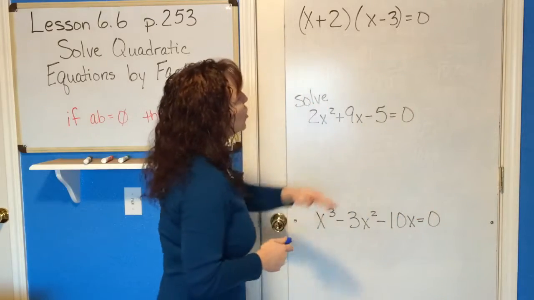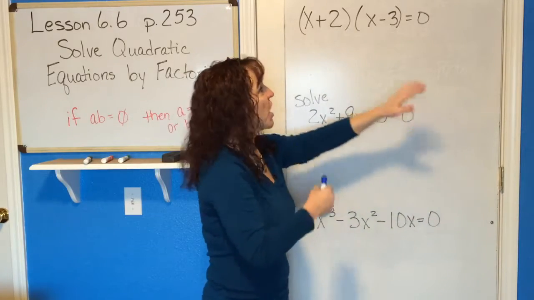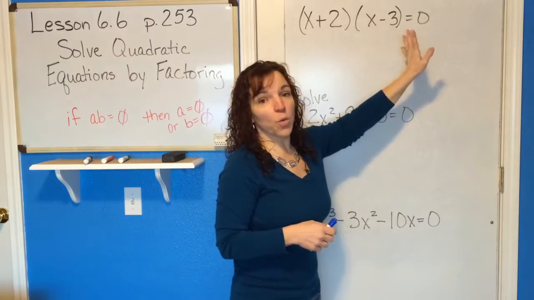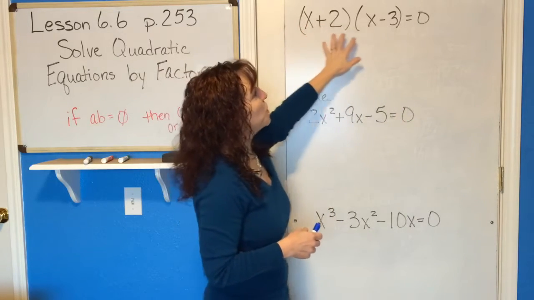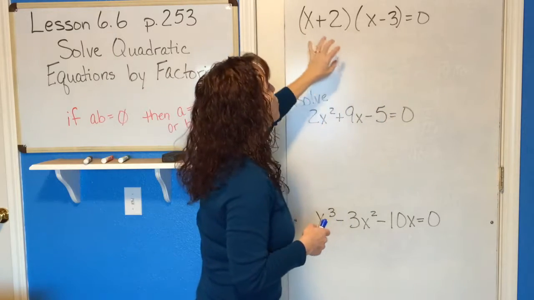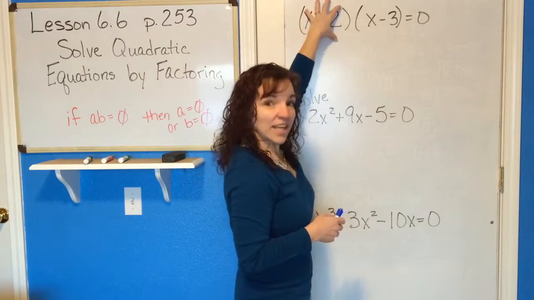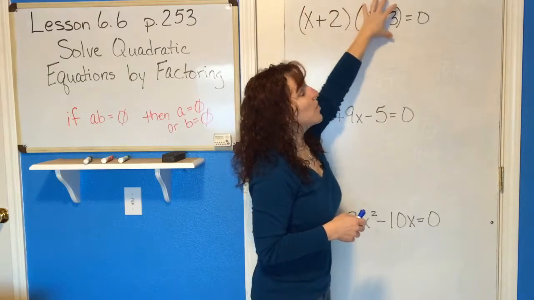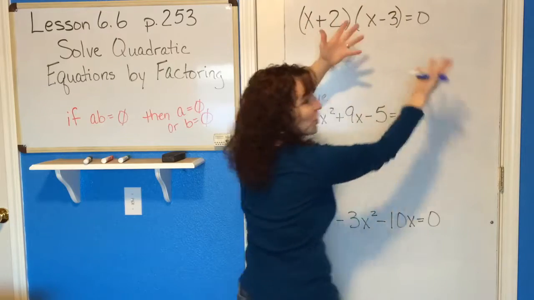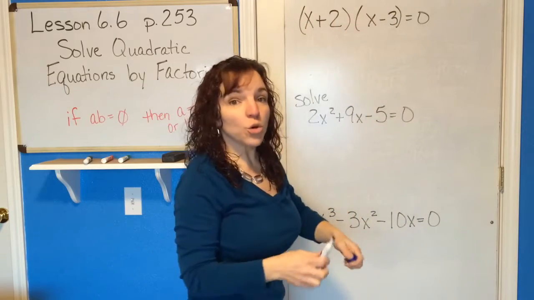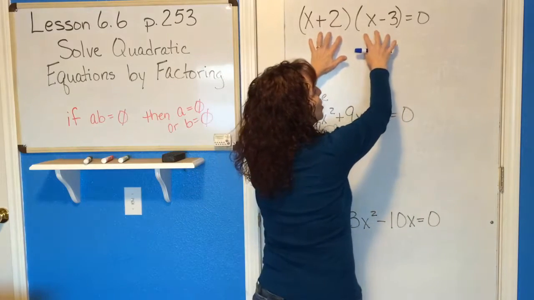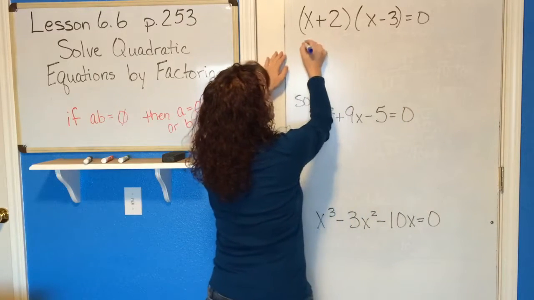Okay? Let me show you what I mean with binomials that are factors. So if you have factored your equation and you end up with (x + 2)(x - 3) = 0, then you know that either this equals 0 or this equals 0, because when you multiply them together, you get 0. So in order to solve that, all you're going to do is set each factor equal to 0.